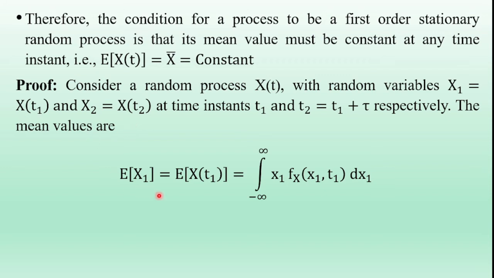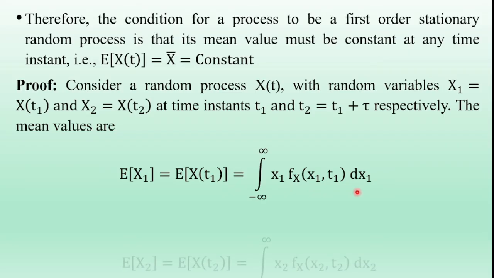So the mean value of the first random variable is expectation of x1 equal to expectation of x of t1, which, for the continuous case, is equal to integral from minus infinity to infinity of x1 fx of x1 comma t1 dx1.